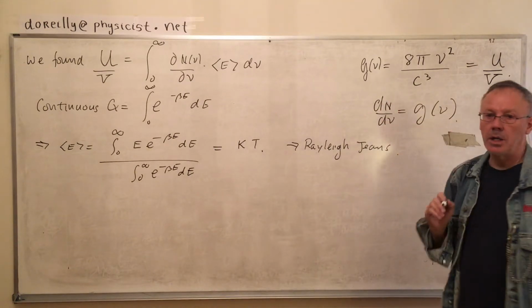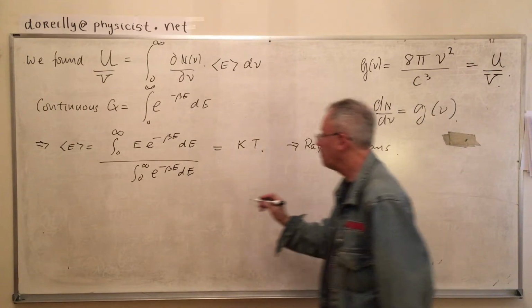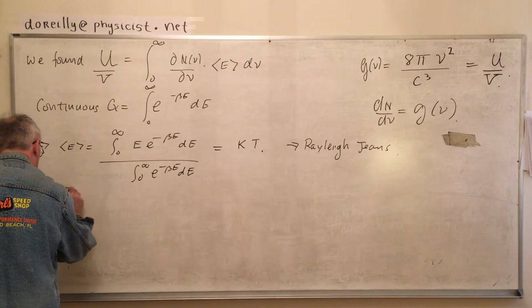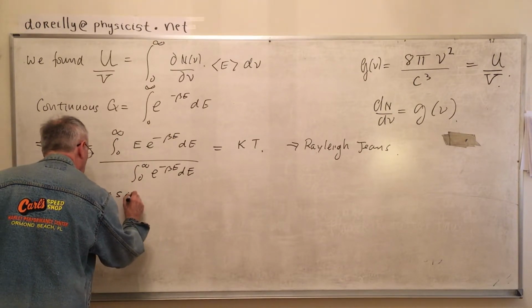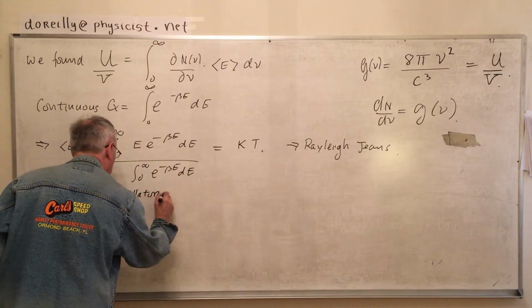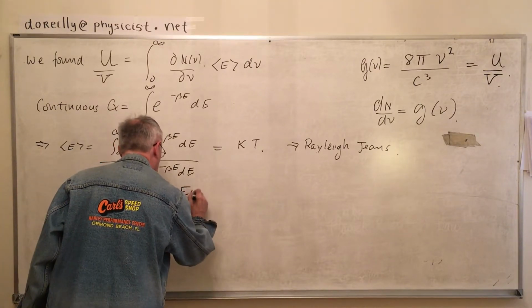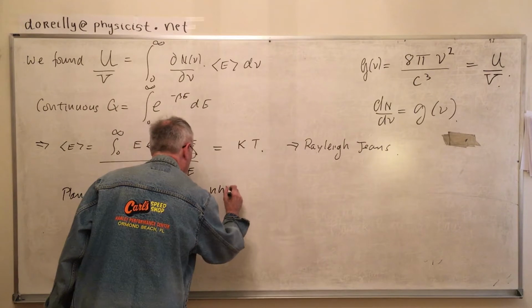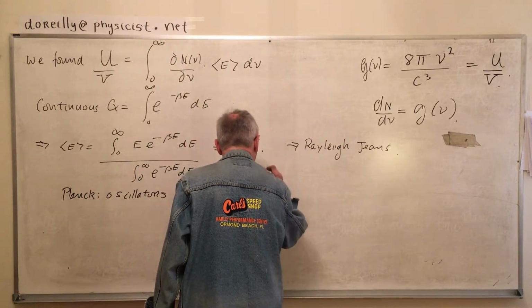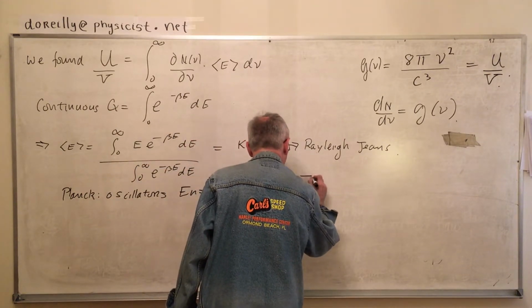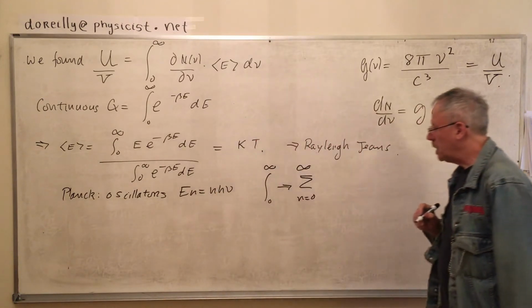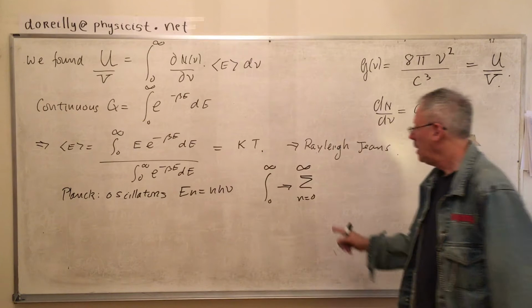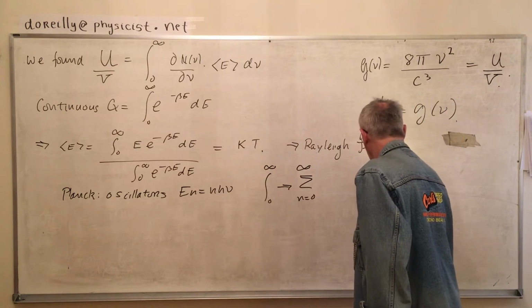Now for Planck, we have oscillators. And the continuous integral goes over to becoming a sum, and the new q.